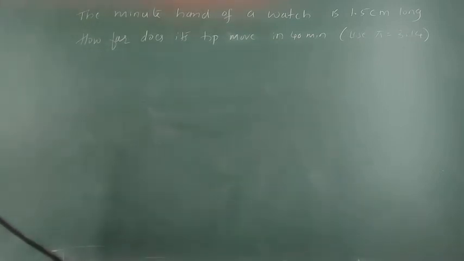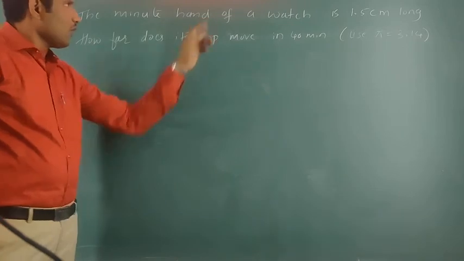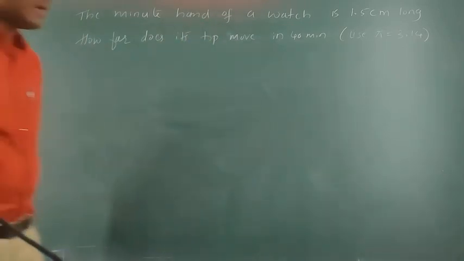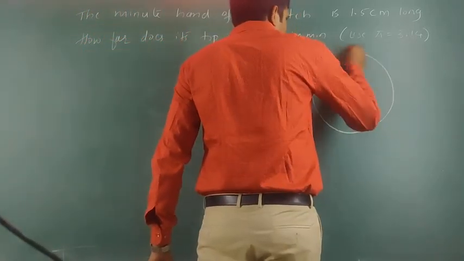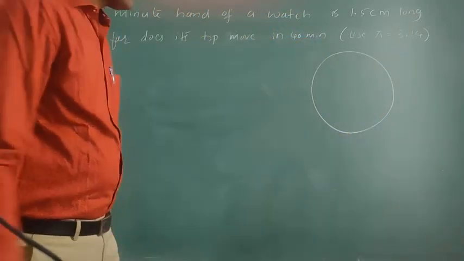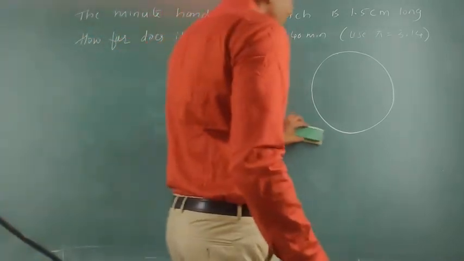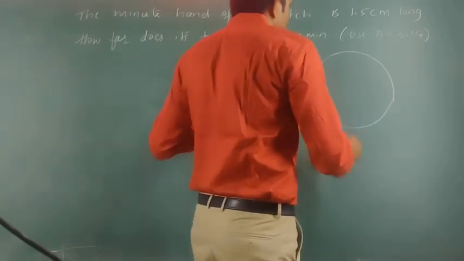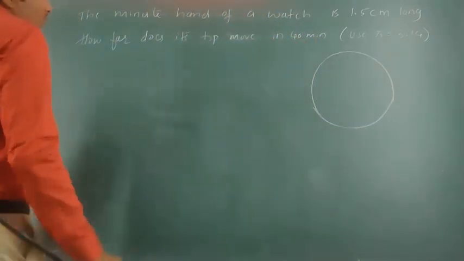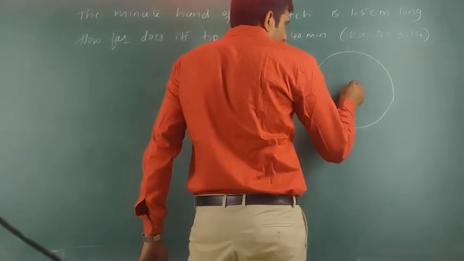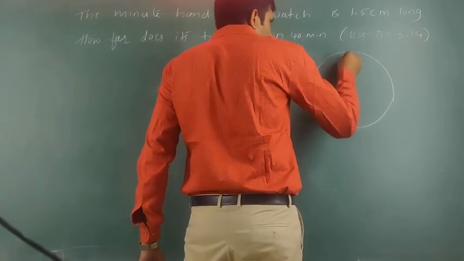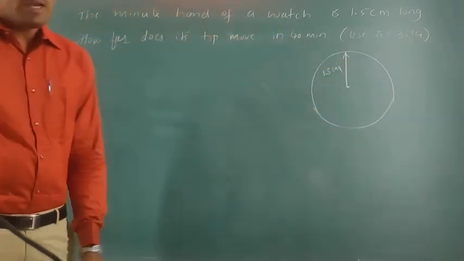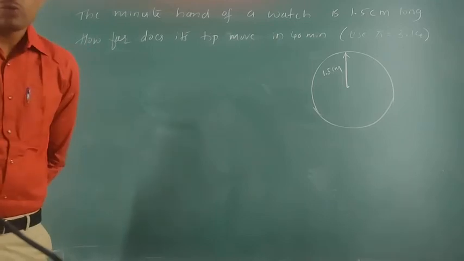See students, don't write. The minute hand of a watch is 1.5 centimeter long. How far does its tip move in 40 minutes? This is a clock, right? This is the minute hand of a watch and its length is 1.5 centimeter.